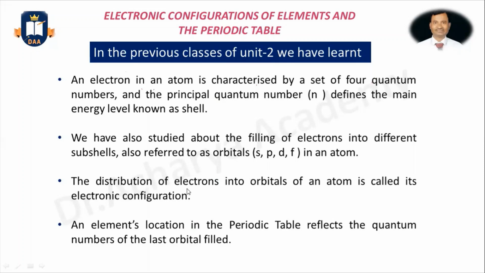And the distribution of electrons into orbitals of an atom is called electronic configuration. With this electronic configuration, we'll identify the relation with the elements in the periodic table. That means an electron's location in the periodic table reflects the quantum number of the last orbital filled.